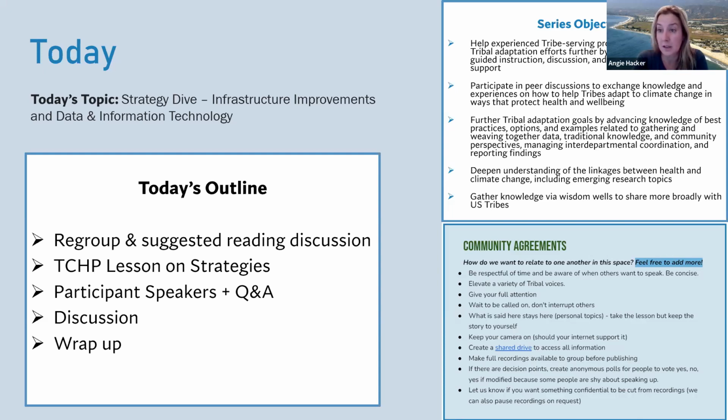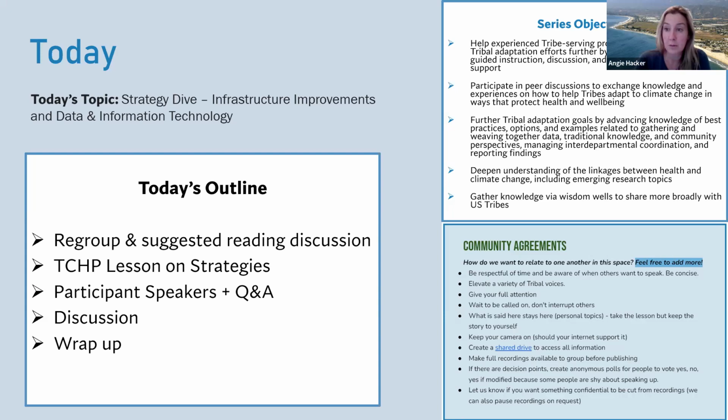Shasta is going to help me talk a little bit about some of her transportation related strategies, because she had a whole transportation related plan that I helped her on. So that'll be one example we talk about. But if you have other stuff that fits into infrastructure improvements or IT related strategies, we'd love to hear about it. We also have Josh Simmons. He's with me at Prosper Sustainably, but he's got a lot of experience building microgrids and related controls for tribes.